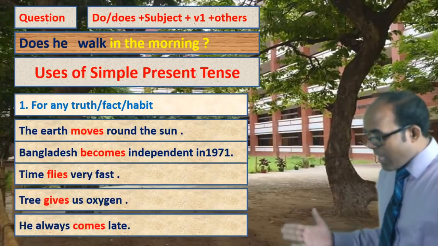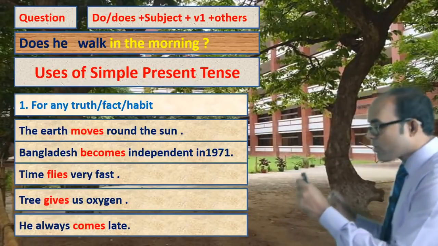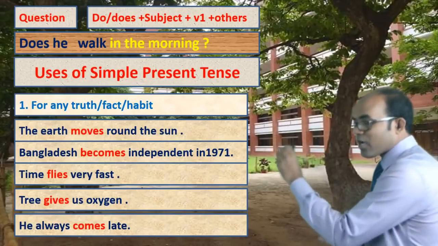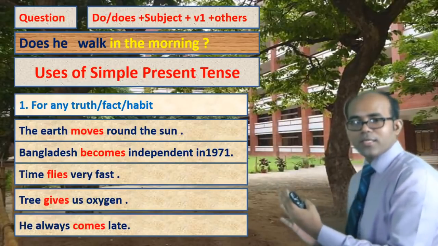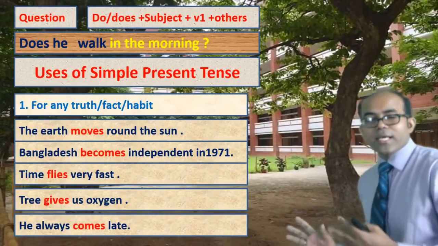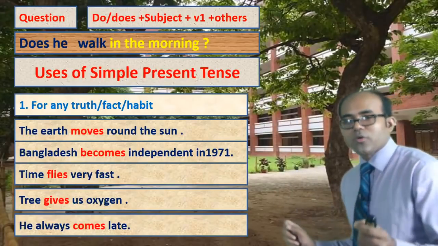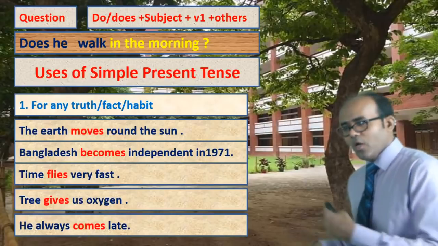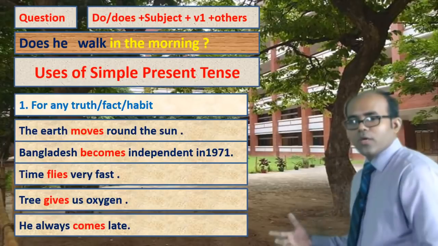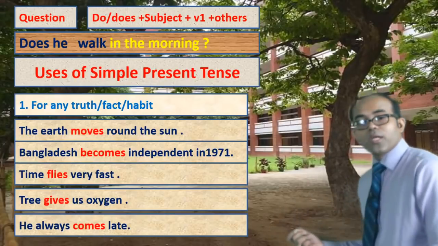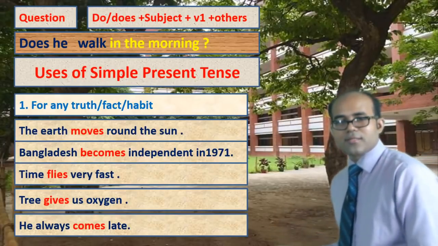Dear learners, this is how you have to be aware of the context of habitual fact, like a true event, like habit, or any kind of truth you can say. The more you practice, the better you can use it very fairly well.